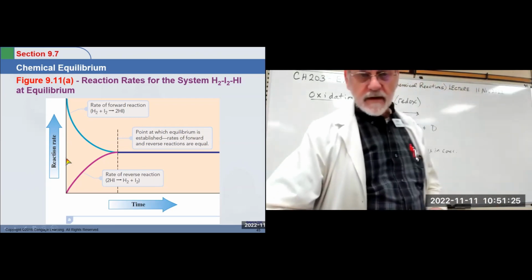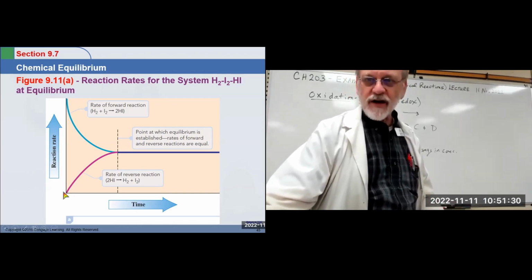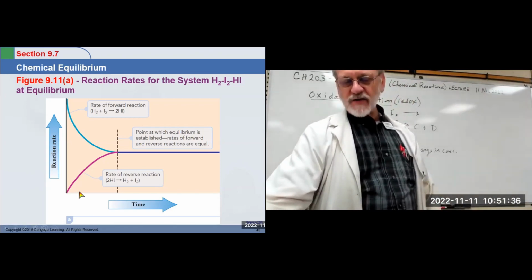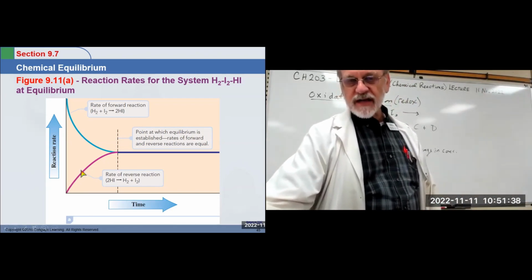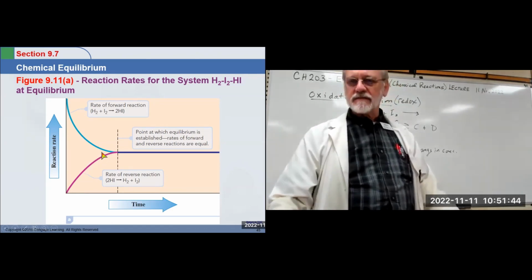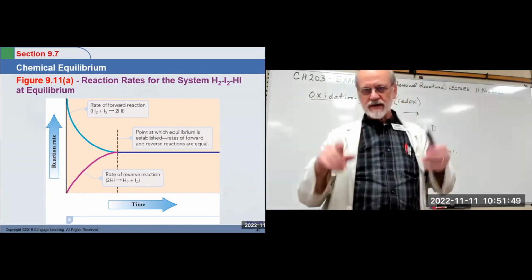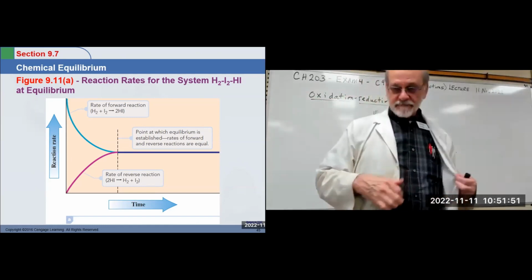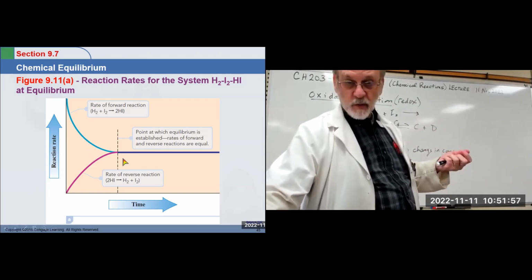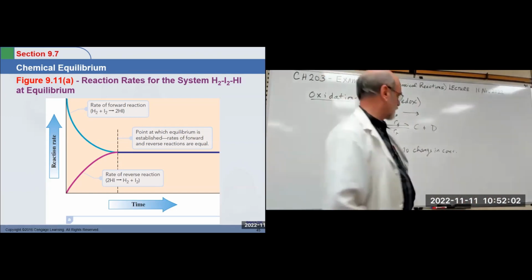Notice down here, the reverse reaction rate is 0, because there are no products to react and return to the reactant side. But gradually, you start building up products, and they react to return to the reactant side, and eventually they stabilize at a given rate, one forward and one reverse, equal rates. Now, some reactions take a very short time to reach this point of equilibrium, and some take a very long time to reach that condition.